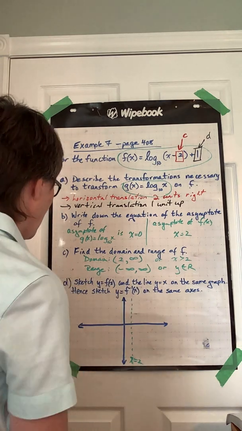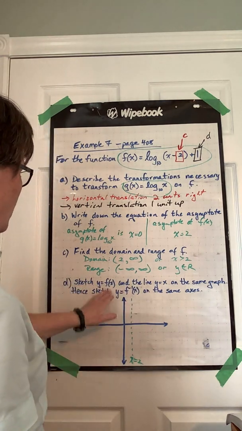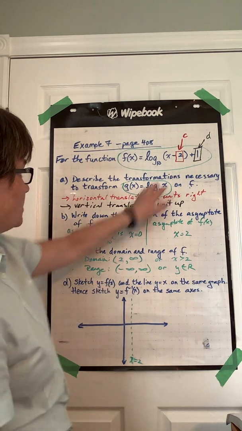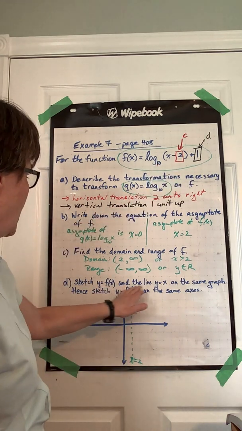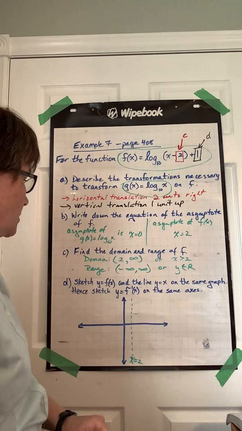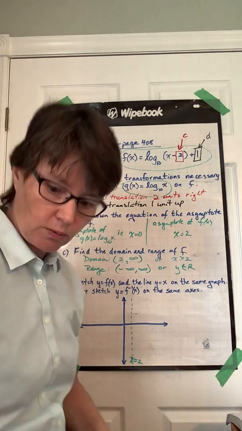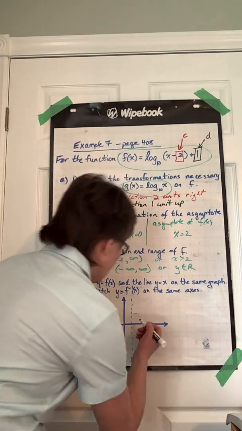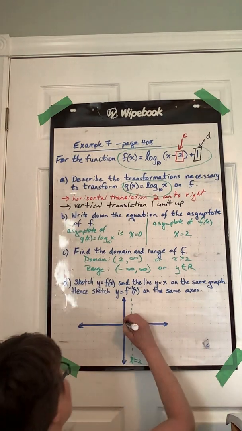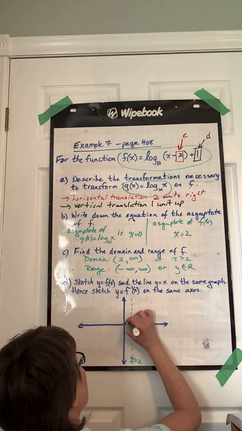All right, sketch the graph y equals f of x, and the line y equals x on the same graph. So let's put y equals x on here. It's going to be this diagonal line.